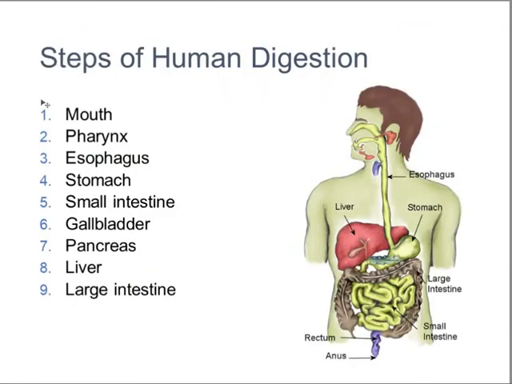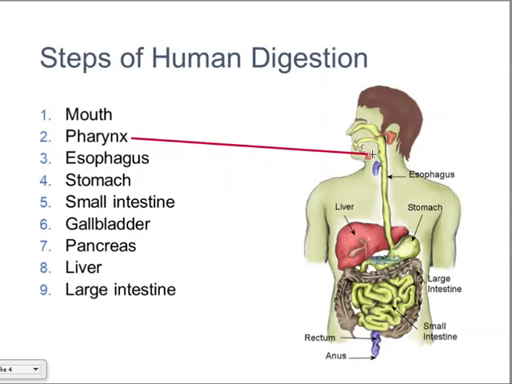Steps of human digestion, take 2. I'm trying to put all of these small details for the steps on one slide so that you can have them in one place when you're studying. And you should probably do the same when you're writing down your notes. You know where the mouth is. I don't feel like that's something I should need to point out.